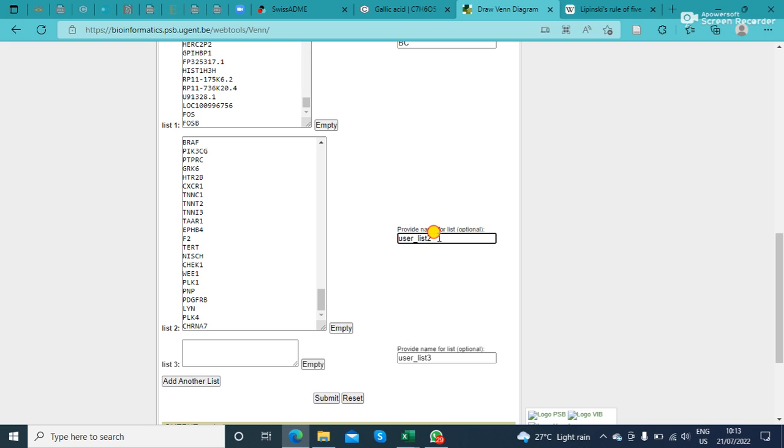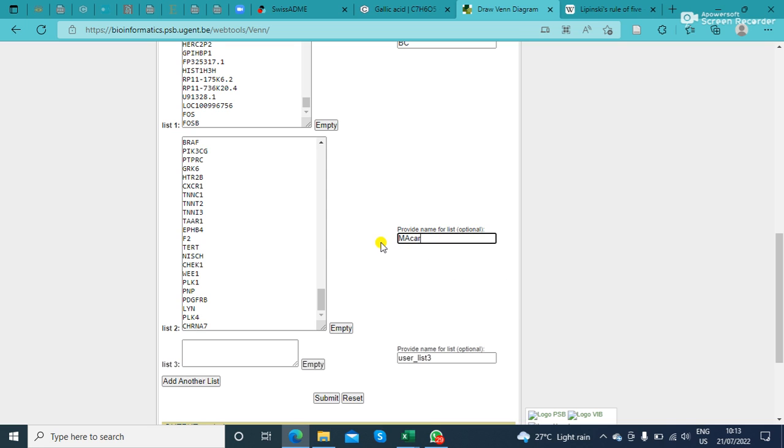So I will provide the name here, Macaranga bacteria. But there is a size problem on this platform also. So by the time I write the whole Macaranga bacteria, after it will not show on the picture.